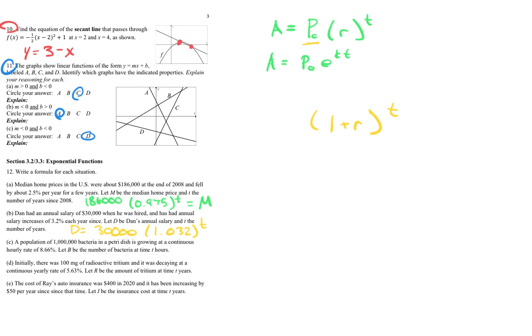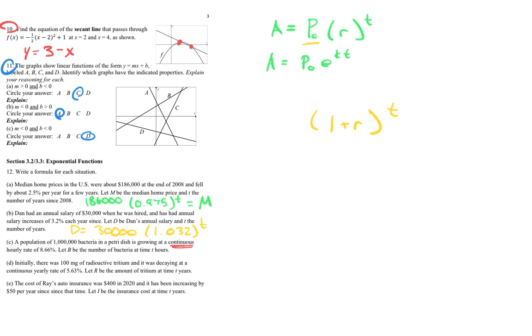So that's that one. Now looking at part C, we have a population of 1 million in a petri dish that grows at a continuous hourly rate of 8.66%. Notice here it says that this is continuous. If it tells us it's continuous, we should expect our answer to be in the form with e to the kt.